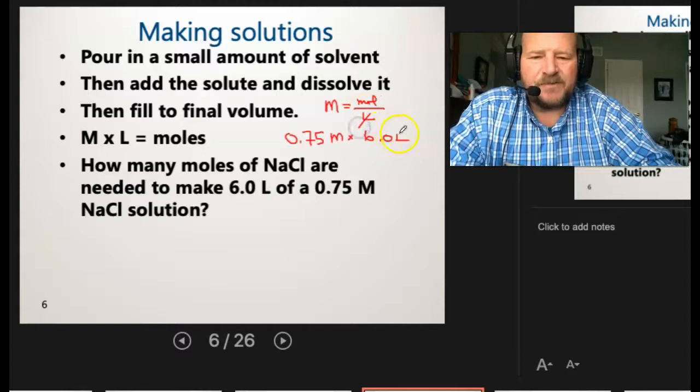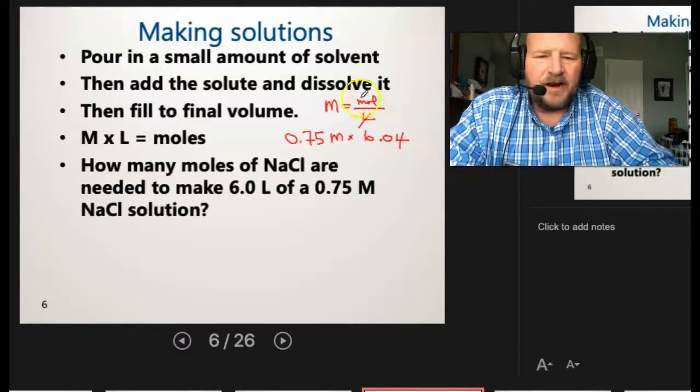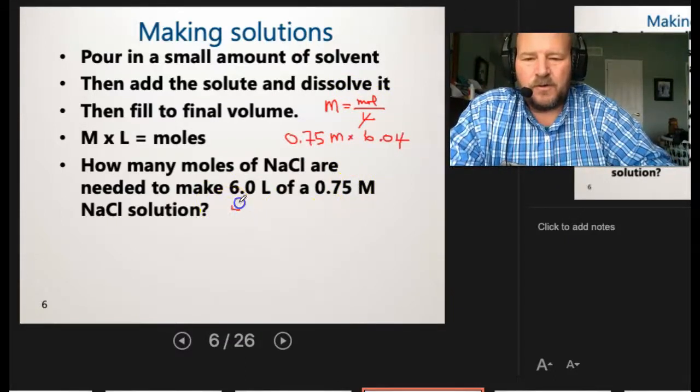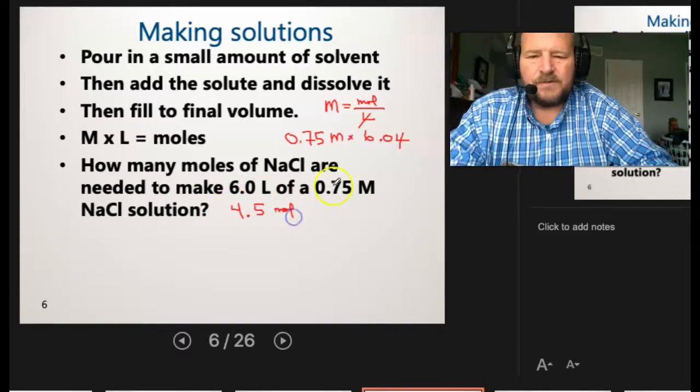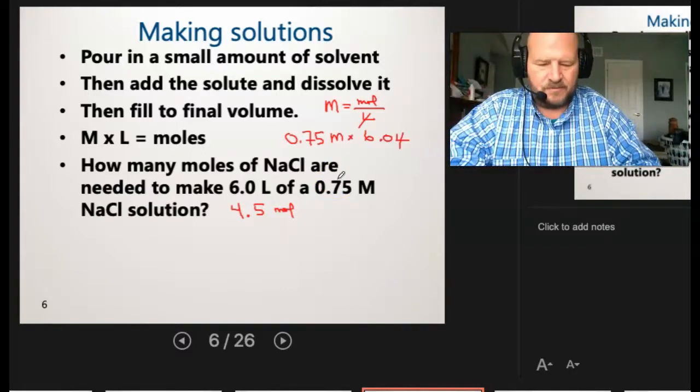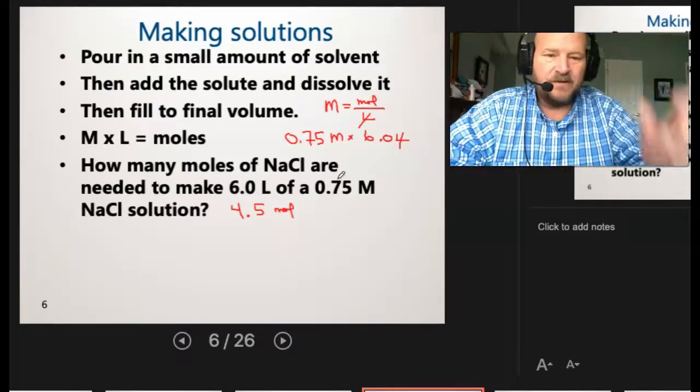And so there my liters will cancel out and I'll be left with moles. Okay? So that's going to be 4.5 moles. All right? Just throw that to my calculator just to make sure. 0.75 times 6. Yep, 4.5 moles.